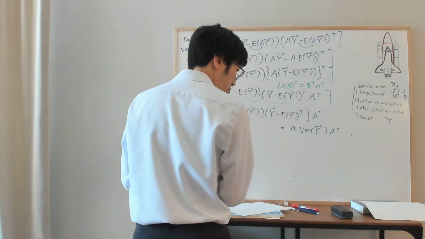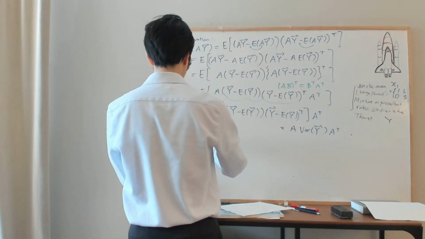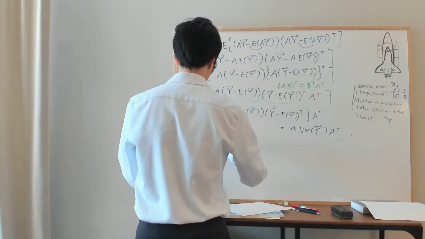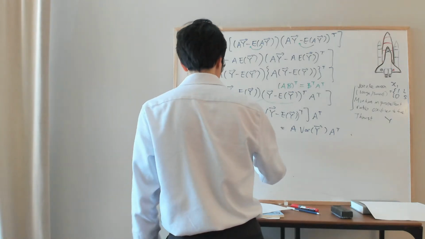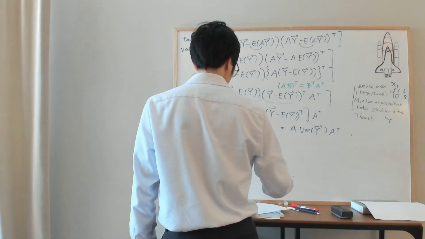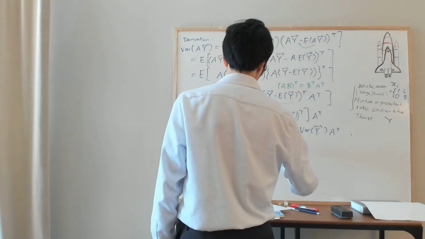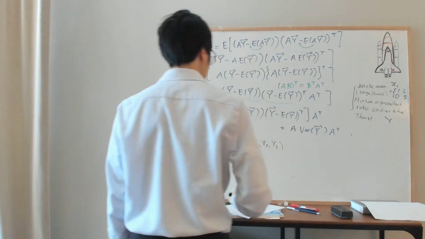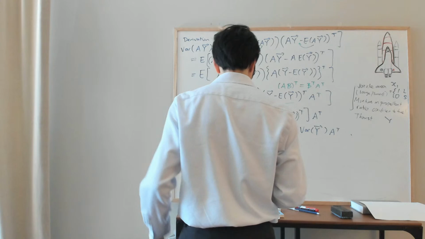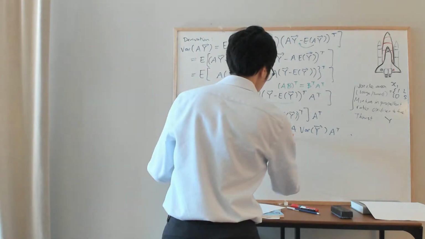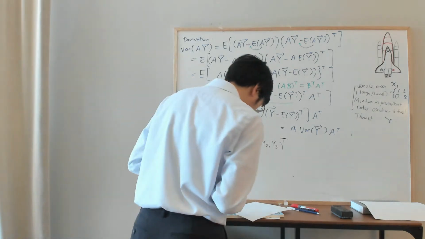Let's just make some numbers up. So let's say y is a random vector, say with 3 components, y1, y2, y3, and as usual, we define it as a column vector, so put the transpose here because it's written in row form.